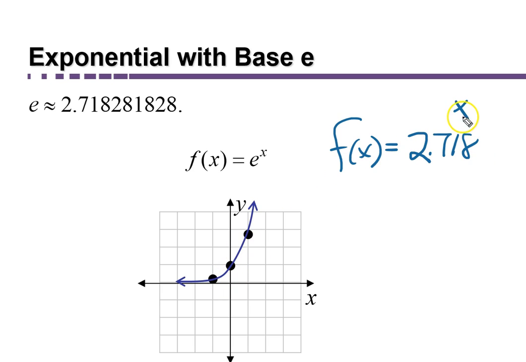So again, if this were 0, this to the 0 power is 1, but then instead of going through 2, it goes up here, where it's about 2.7. So a very similar curve for base e.